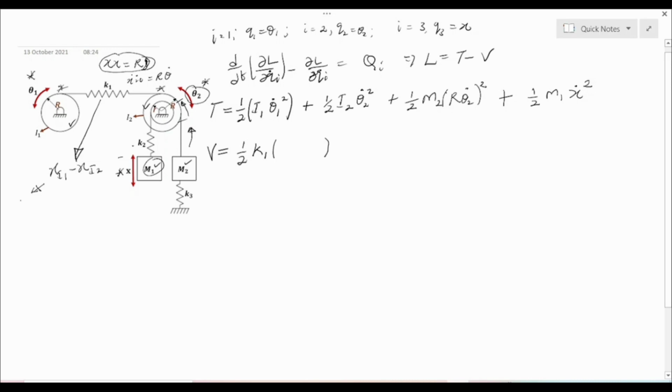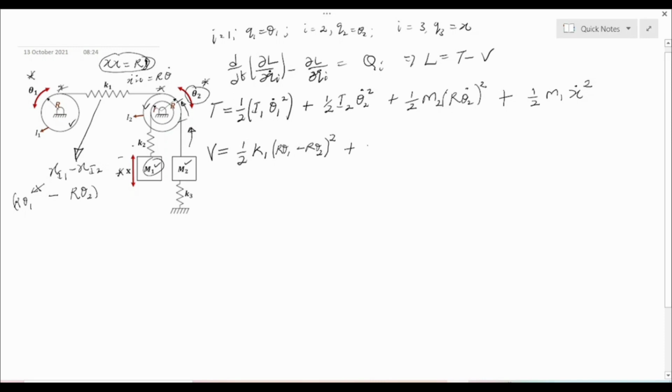And linear displacement is simply the product of radius times angular displacement. And if you do the same for the second pulley, you have also radius multiplied by the displacement. So this becomes the linear displacement of the spring. And potential energy due to spring is equivalent to half times K1 in this case multiplied by the displacement squared.